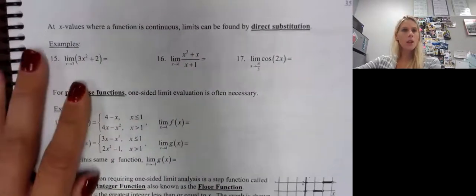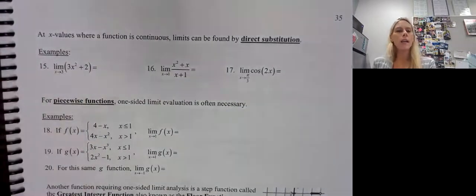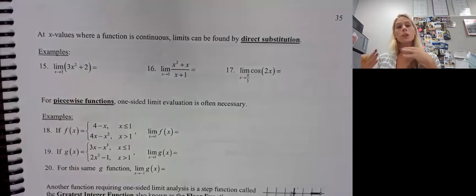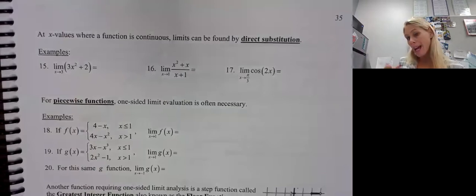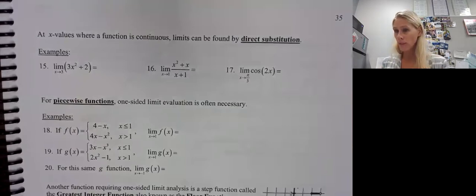All right, let me do this one. At x values where a function is continuous, limits can be found by direct substitution. One of the things you'll learn as we do this is to test out a limit, especially if you don't have a graph, by plugging it in first.